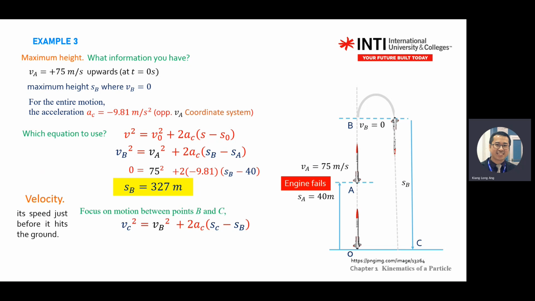Our overall coordinate system going up is positive. So we still use negative 9.81. SC, you know, minus SB, right? So here it is 0 because it starts from here, you measure from here, 0.